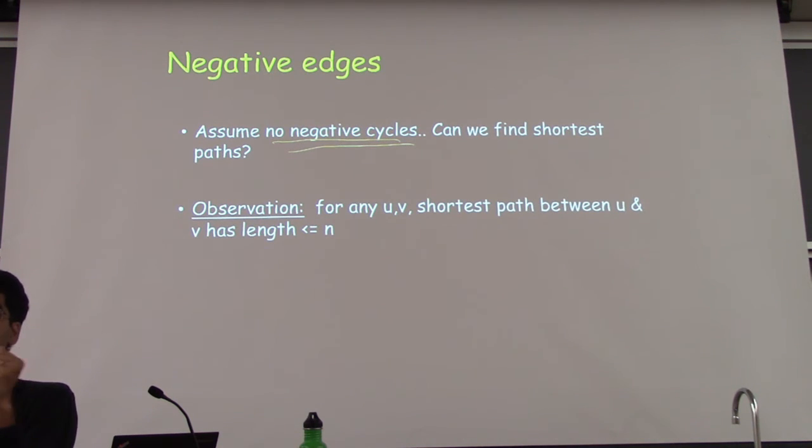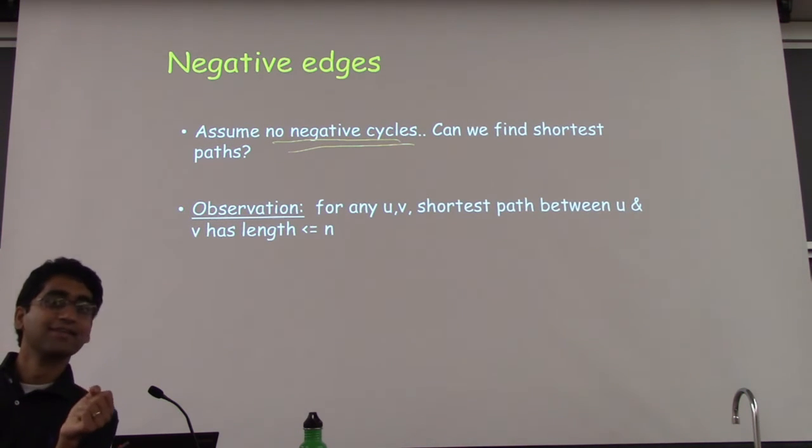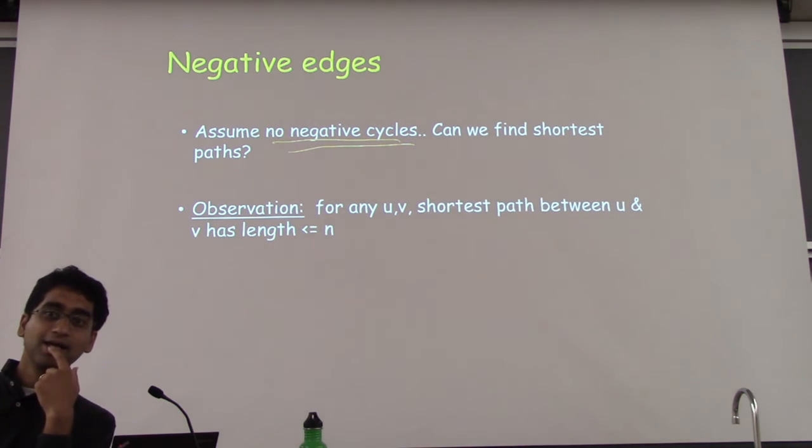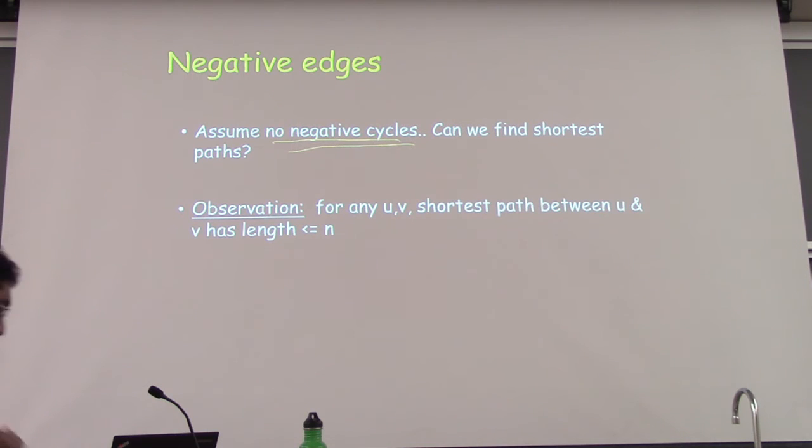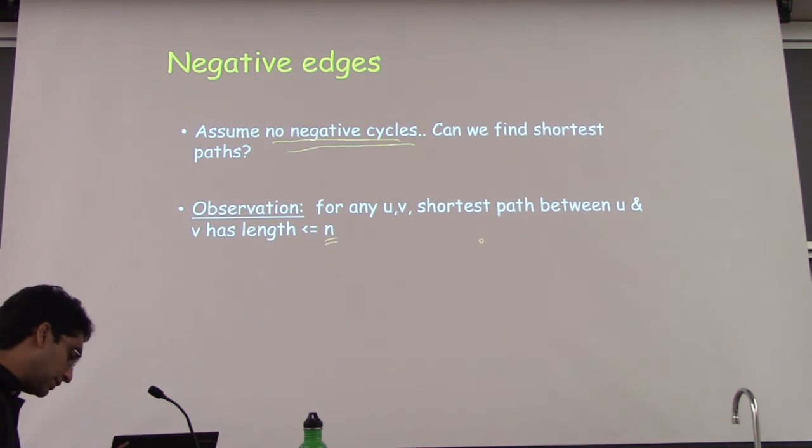Like, what if it had length more than n? So n, recall, is the number of nodes, and you have some u and v.